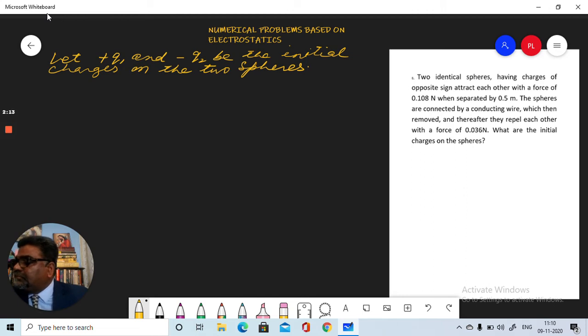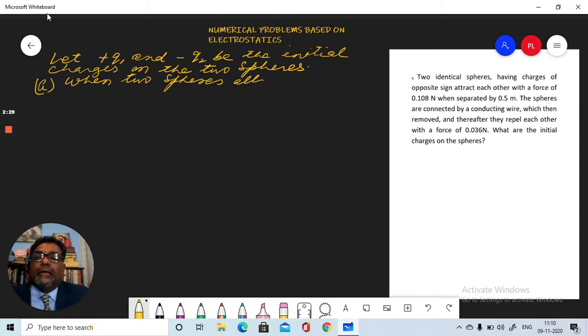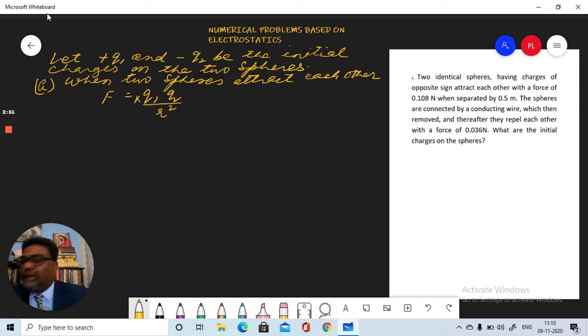Hence, first part, the assumption says that when the two spheres attract each other, then force is equal to K Q1 Q2 upon R square.